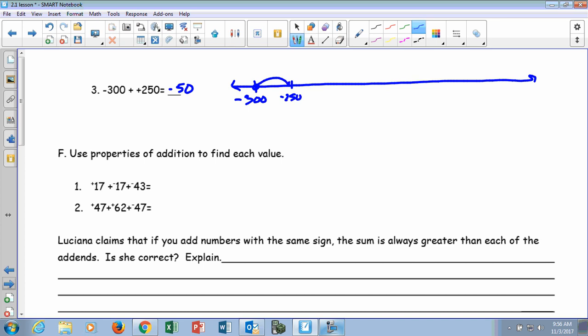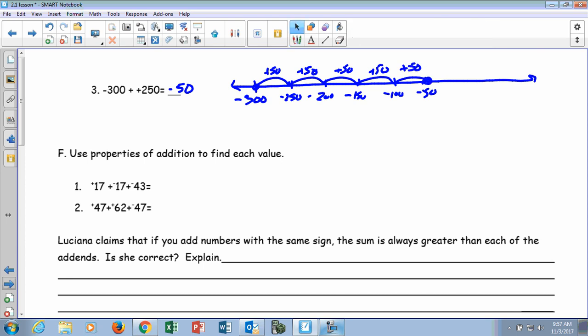So if we're adding, there's a plus 50, and there's another plus 50. So that adds up to 100. There's another plus 50, and another plus 50. So that's 200. So we just have to add one more 50, which is right there. And that puts us at negative 50. All right, we will finish this up on Monday. Okay?